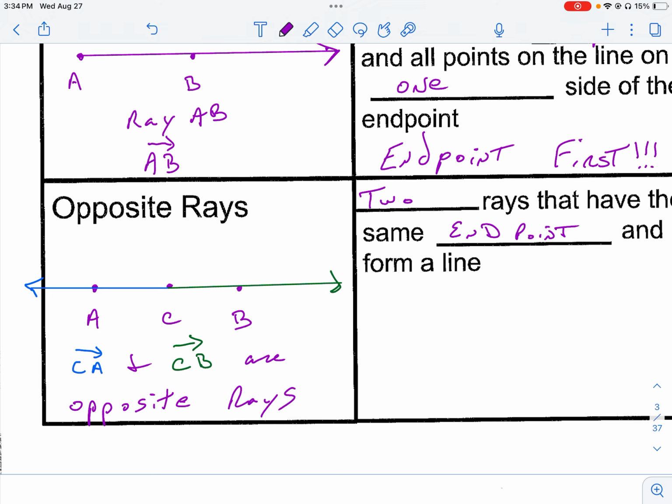They start in the same place at point C, and they go in opposite directions, forming a straight line. That's the definition of an opposite ray.